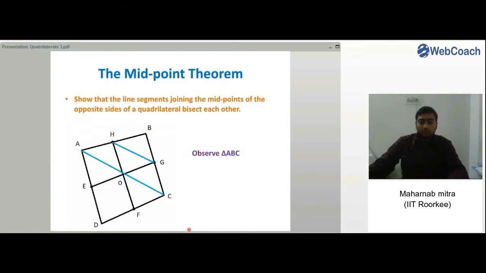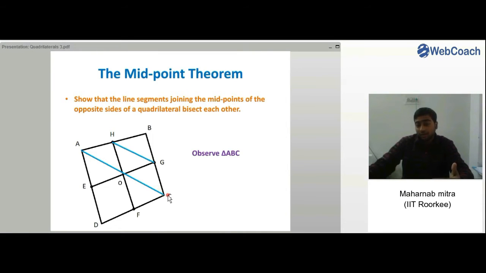So let us draw AC and HG, and you can see here that in triangle ABC, H and G are the midpoints, and the line segment HG is actually a line segment joining the midpoints, which must be parallel to AC, right?